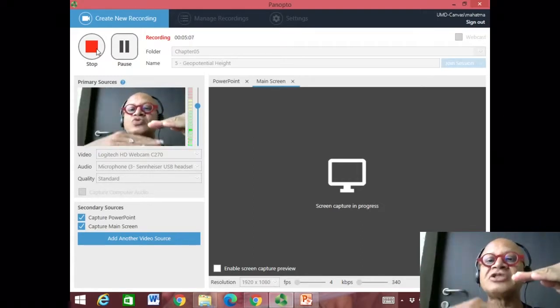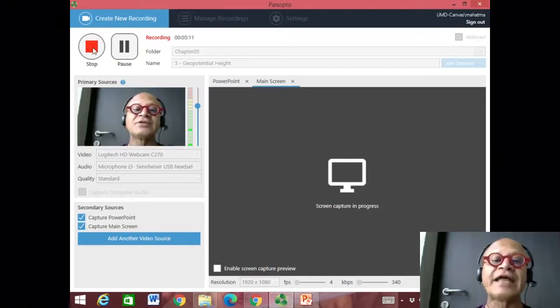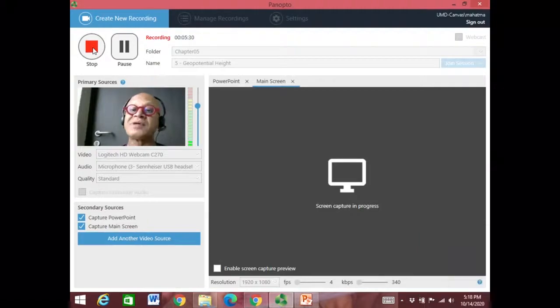Geopotential height is related to the temperature of the air below. So we'll continue that in the next podcast. Geopotential height is a very important concept used heavily in atmospheric science. It has dynamical significance and allows us to describe weather, especially in terms of geopotential height. So that's why it's important to understand it.